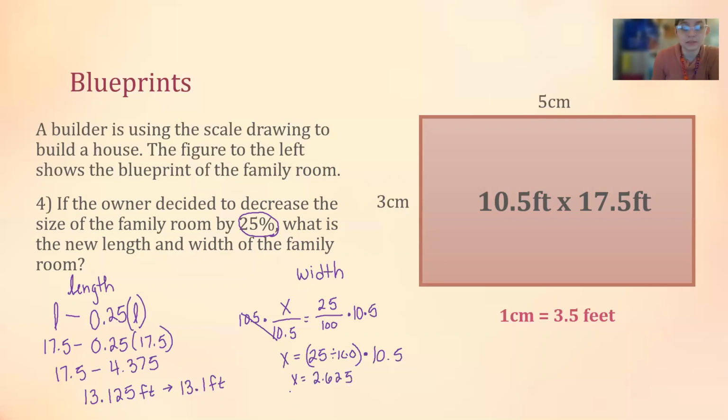So we're going to say 10.5 minus 2.625. We get that the new width of the room is 7.875 feet, or if we round that to the nearest tenth of a foot, 7.9 feet.